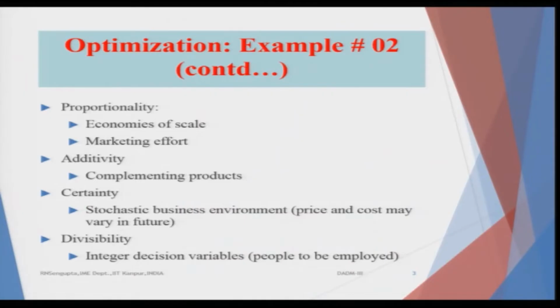Similarly, the cost structure: if you sell one product and the profit I get from product 1 is 2 rupees or $2 per unit sold, it would continue to remain $2 as we increase or decrease the number of products being sold for decision variable 1 or decision variable 2, as the case may be. So, certainty would mean that in a stochastic business environment, price and cost may vary in future, but we would not consider that.